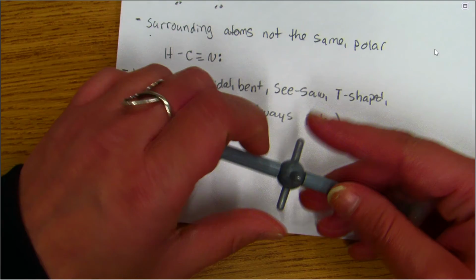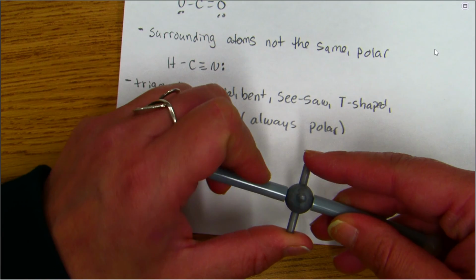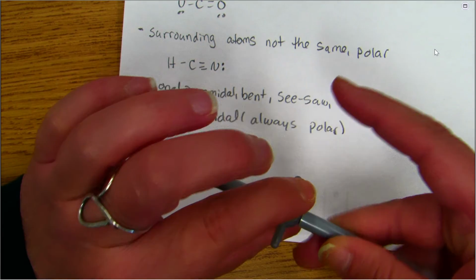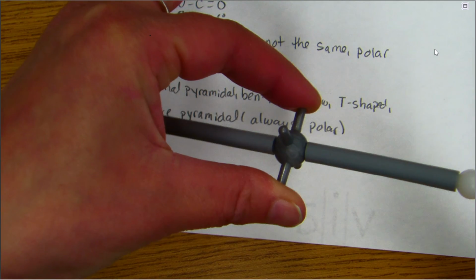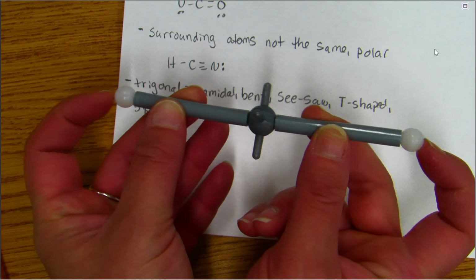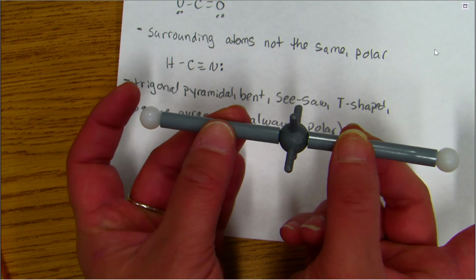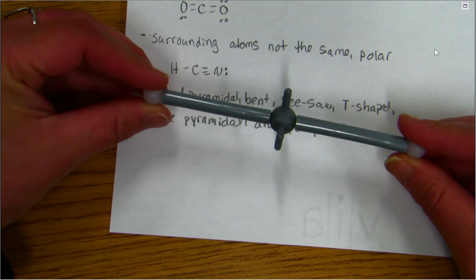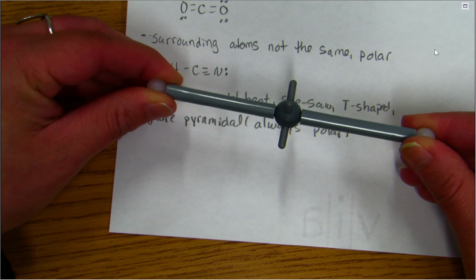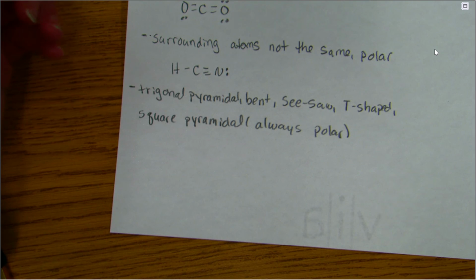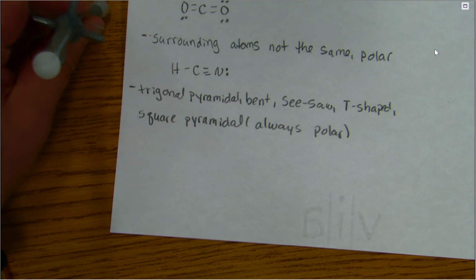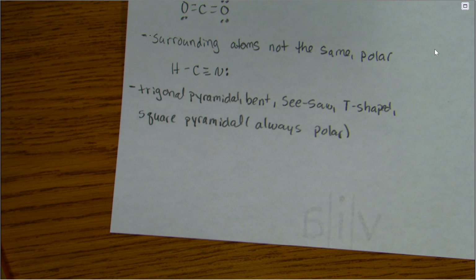These two lone pairs are pulling equally in opposite directions, these two lone pairs are pulling in equal and opposite directions, and my two outer elements are pulling in equal and opposite directions. So this is an example of something that has lone pairs but is nonpolar. So please do not tell me that lone pairs make something polar. That is a lie.